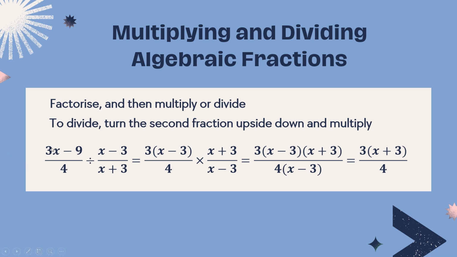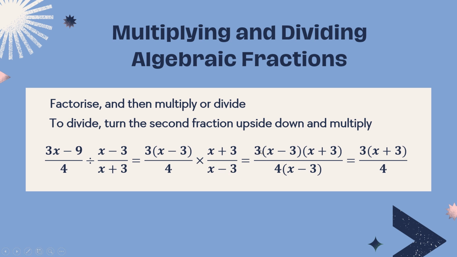First, factorize 3x minus 9 to be 3 times x minus 3. After we factorize, turn the second fraction upside down. So the first fraction is multiplied by x plus 3 over x minus 3.